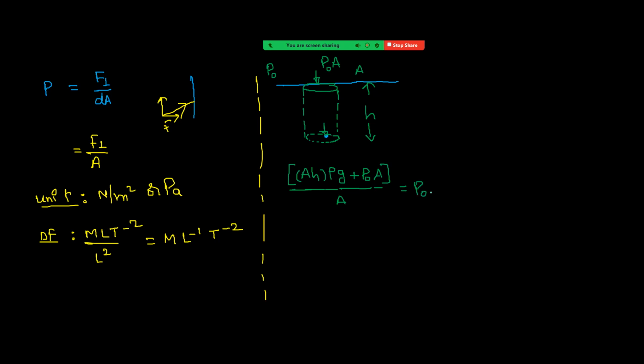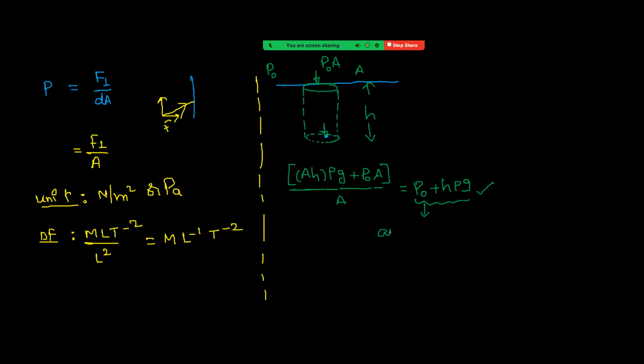It is equal to P naught plus h rho g. So this is the pressure at a depth inside the liquid. And this is known as absolute pressure or total pressure.